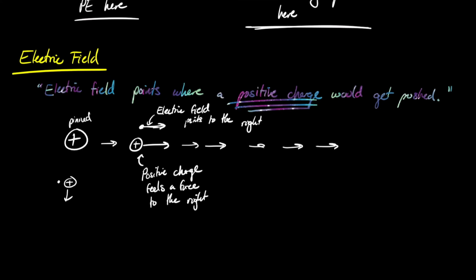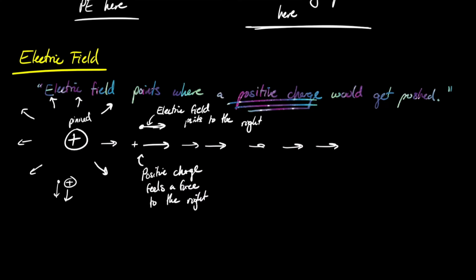So the electric field, which tells you what direction a positive charge would get pushed, you draw the arrow in that direction. That's what the electric field is. That definition tells you the electric field points down in that direction. And if you just remember that positive charges always get pushed radially away from each other, you get this nice circular diagram of the electric field around this test charge.